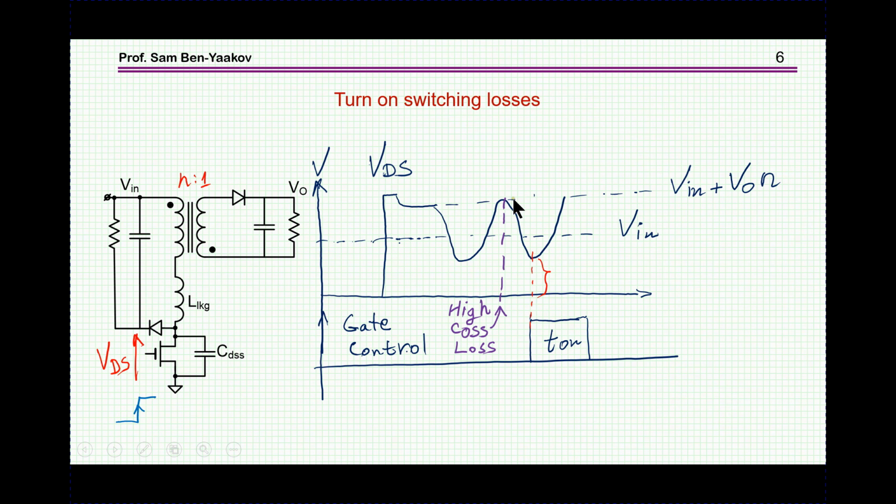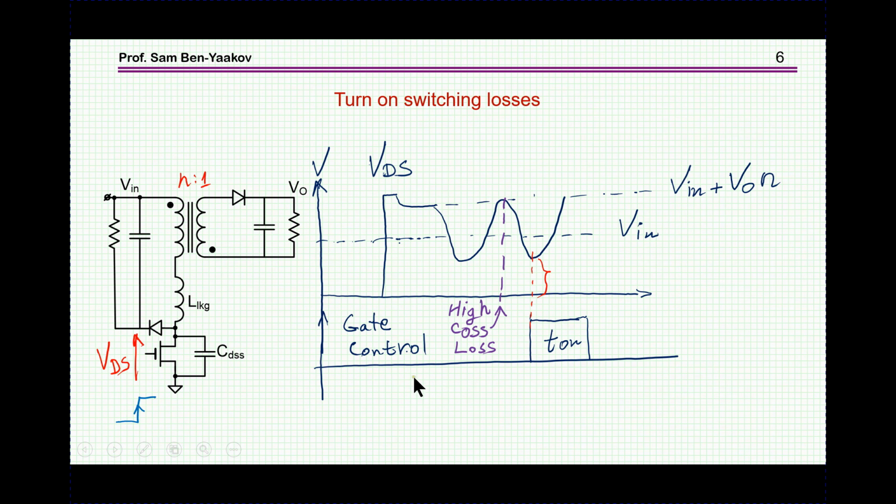This will be worse because as we turn on this transistor, if there is a high voltage across it, there's no current, but there is a voltage across the transistor, this capacitor is charged. So if we turn on the transistor in here, we will discharge this energy, we'll dump it into the transistor, and this is an additional cause of losses, of course, that it'd be nice to eliminate.